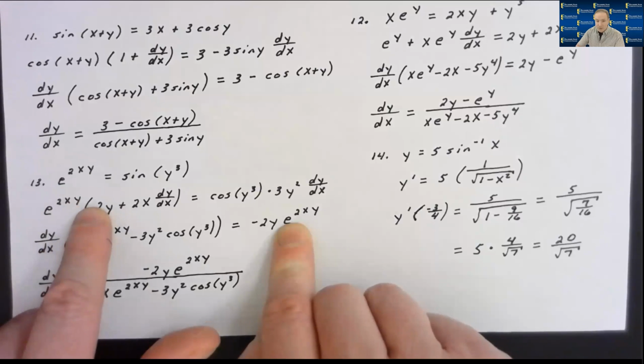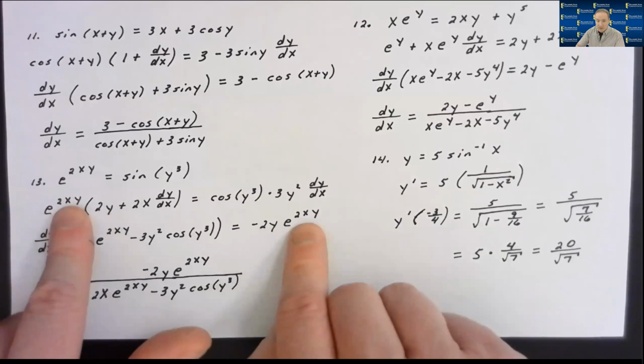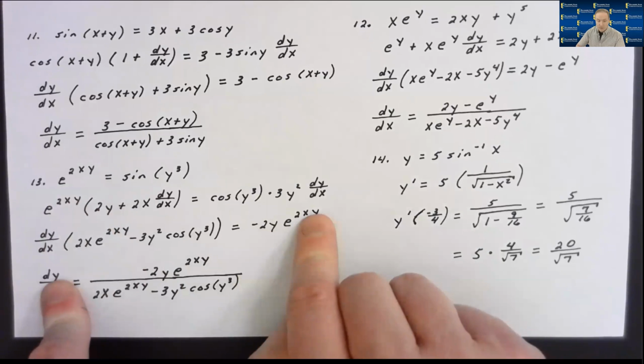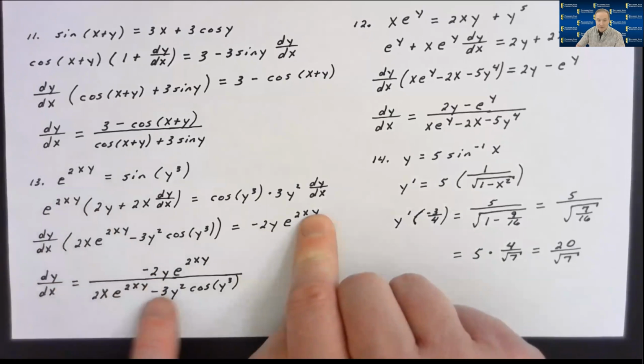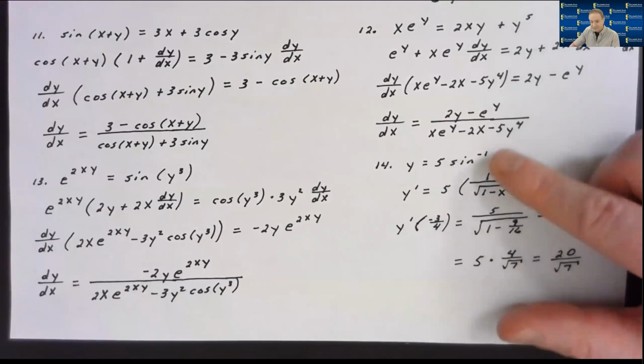When you move that to the right-hand side, it becomes a minus 2y e^(2xy). All right, so now dy/dx is equal to that group on the right divided by what dy/dx is factored out of, for our final format of the answer. And there's really nothing you can do to simplify that answer either. So it's already in final form.